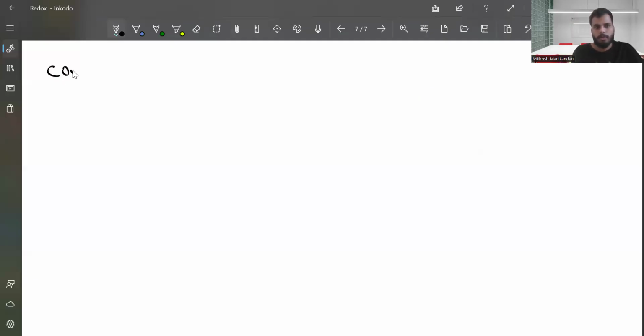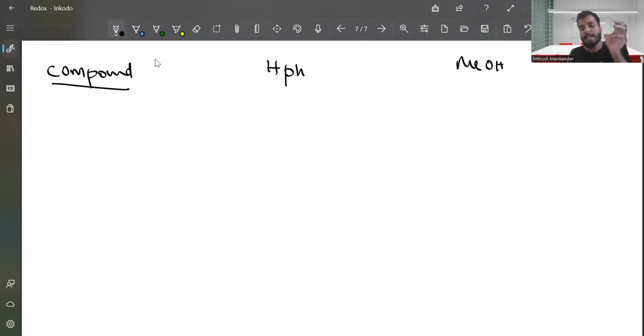Let's say compound, then phenolphthalein, then methyl orange. So the compound is a compound which will be titrated against HCl or any strong acid for that case. Let's take HCl. So first one, it is NaOH, a very strong base.